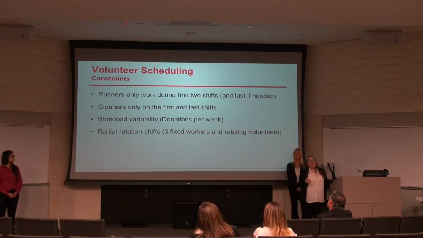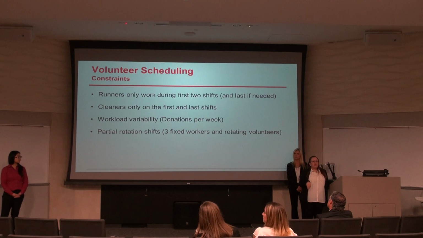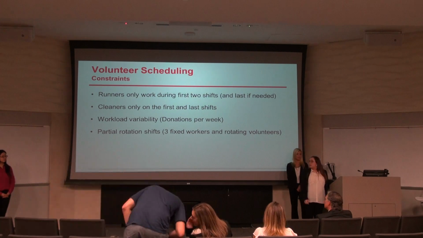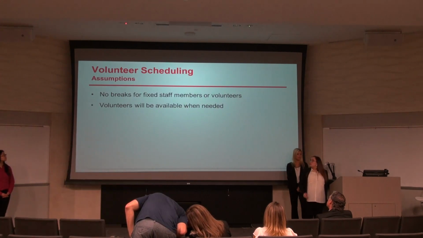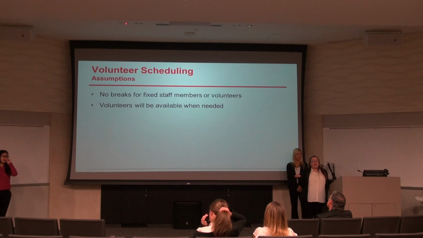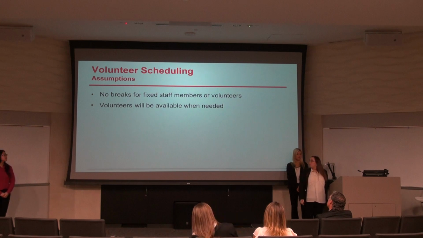This means that we have 3 fixed workers right now, and that's going to be our minimum amount of workers. And we also have rotating workers, which in this case would be the volunteers. Our main assumptions were that we're not taking into account breaks for either volunteers or fixed workers, and volunteers will be available whenever we need them.